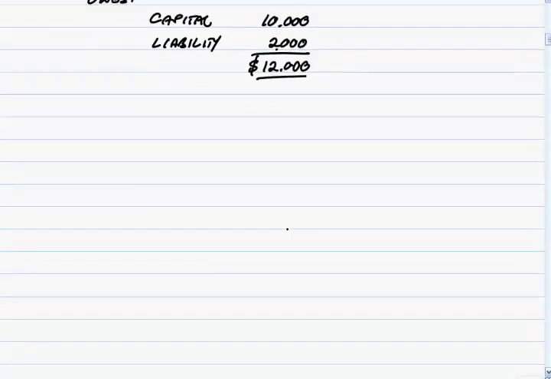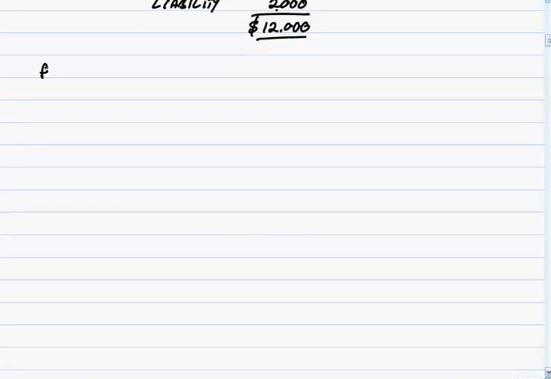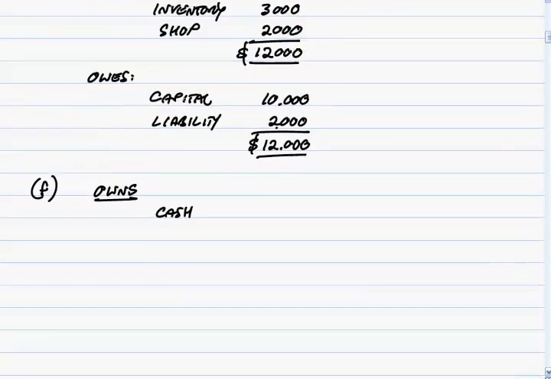Well, that was easy enough, I hope, but let's look at F. F, the business sells half the goods for 2,400 cash. So we had all that inventory. We're selling half of them for 2,400. So, what do we own? First of all, cash. How much was the cash before? It was 4,000.